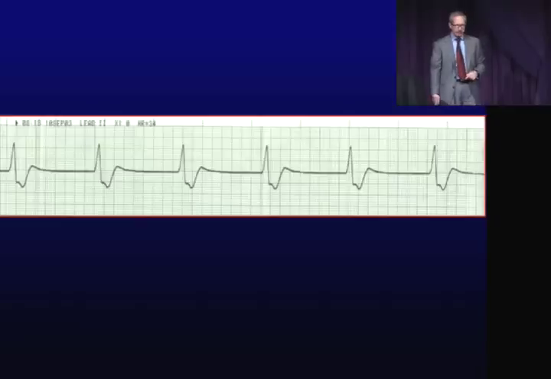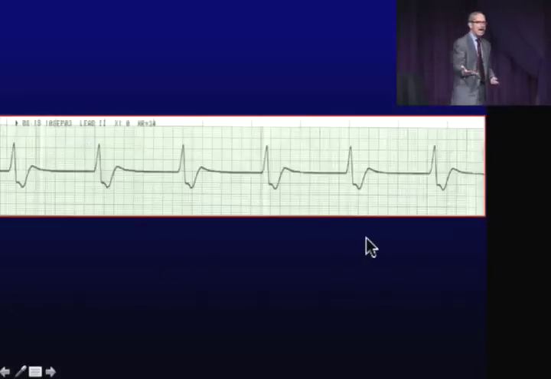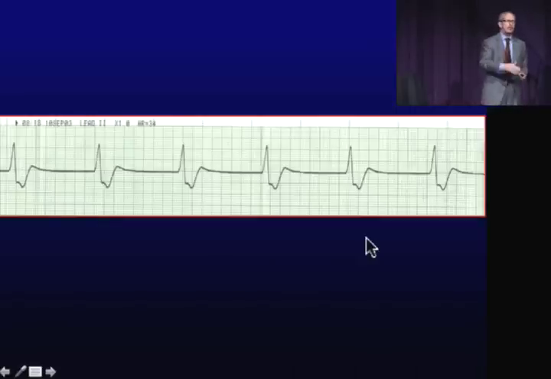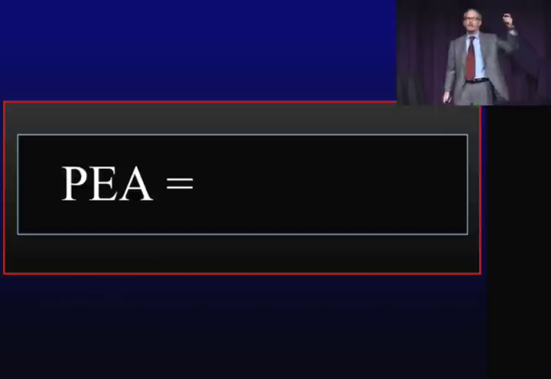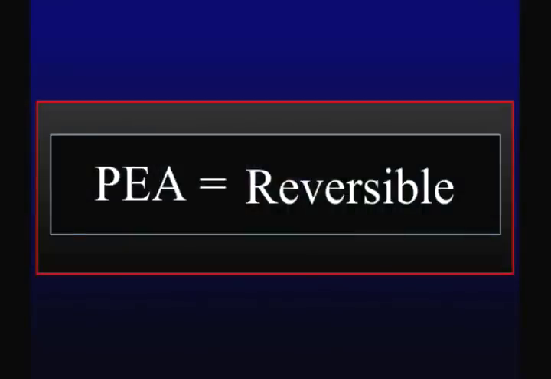All right. So if someone is pulseless and they have this wide, slow thing, this would be called bad on the good-bad continuum. And so I want to talk a little bit about PEA in the crashing patient. VFib, shock. VTAC, stability. PEA, reversible. Your job, our job, focus on the reversible causes.